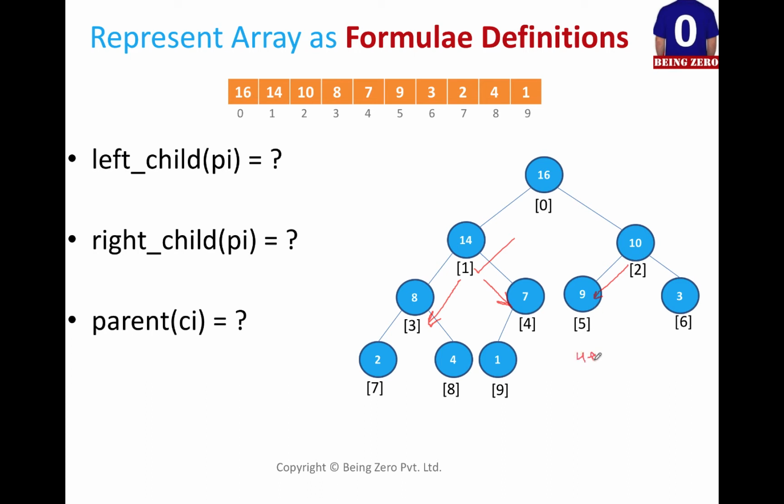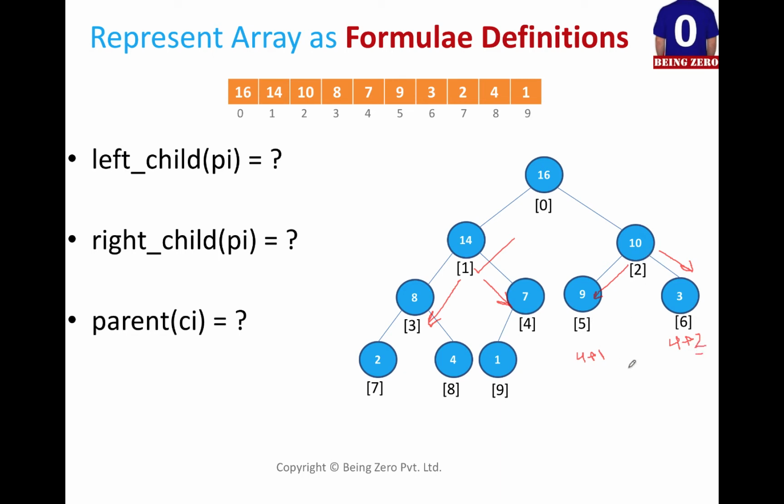So 2 into 2 plus 1 is giving us the left child, probably, and if we go right, 2 into 2 will be 4, and we add 2 to it. We are just guessing the formula: double up this value and add 1 to it for the left child, double up this value and add 2 to it for the right child.